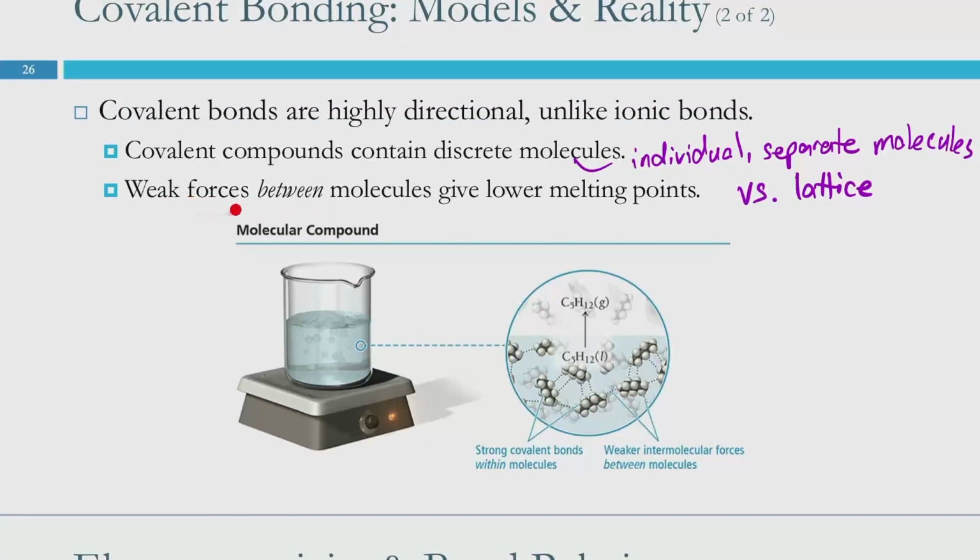Because of that, they have relatively weak forces between the molecules, so the molecules aren't going to stick together very well compared to that sea of positive and negative charges, which means that they're going to tend to have lower melting points.